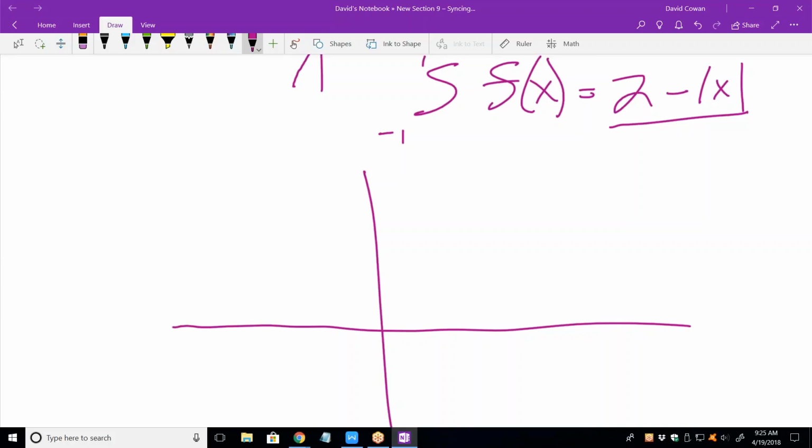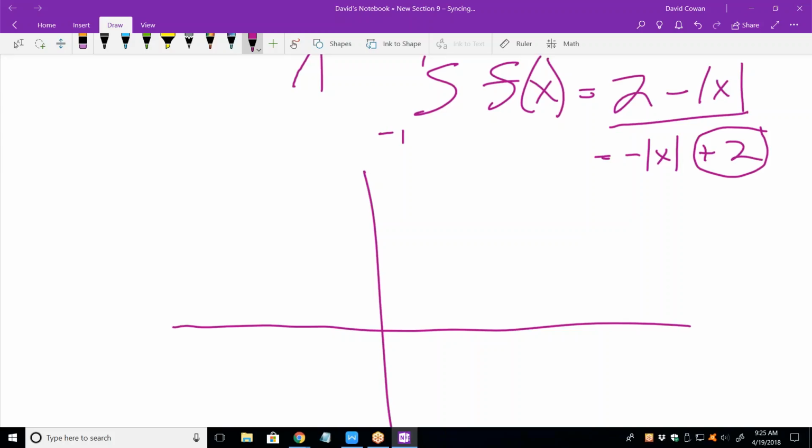It's up 2. In other words, that's a vertical shift. It's not a vertical stretch if the 2 was in front, in other words, if it was multiplying. But what we really have here is minus the absolute value of x plus 2. Anytime you have a number that comes after the function, it's a vertical shift, up or down.